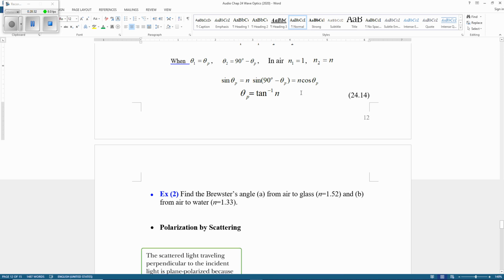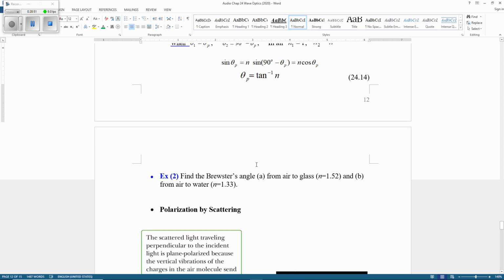That means from the glass, at which angle the reflection becomes polarized light, and from the water, n equals 1.33, at which angle the reflection becomes polarized. I want you to email me your answer. I'll give you this week to finish.